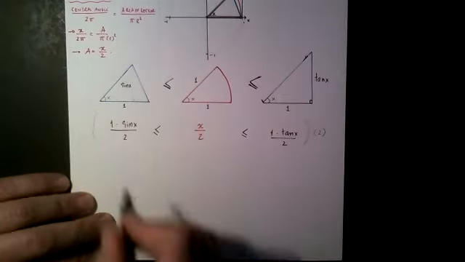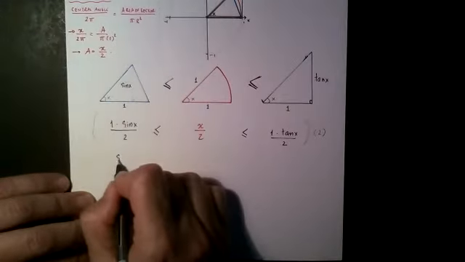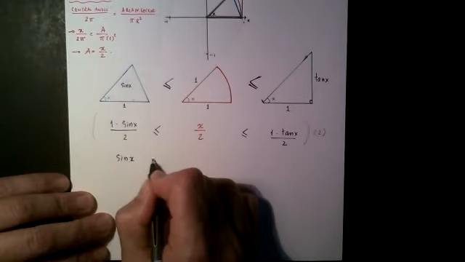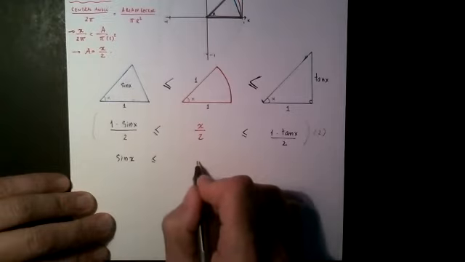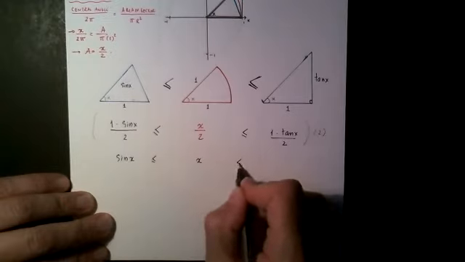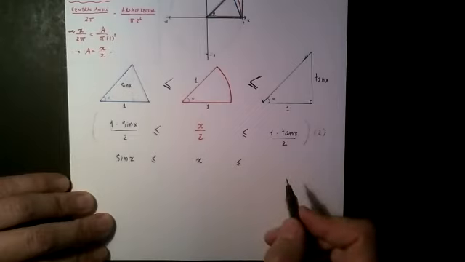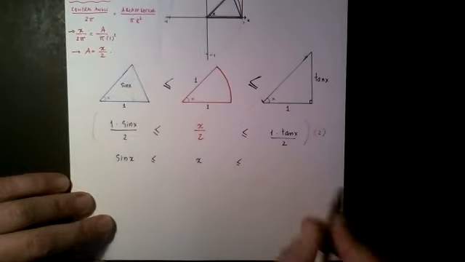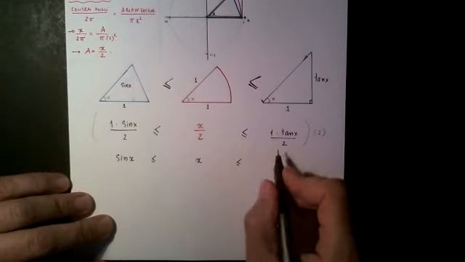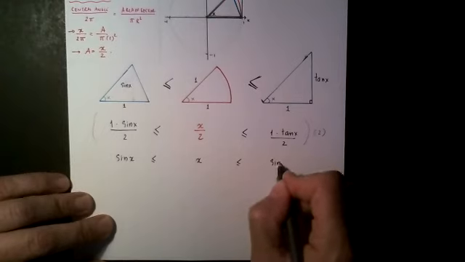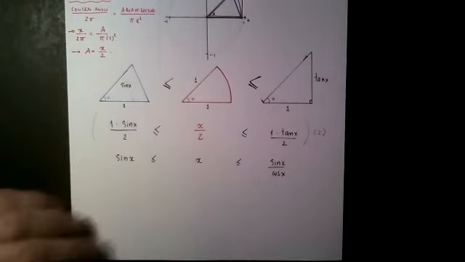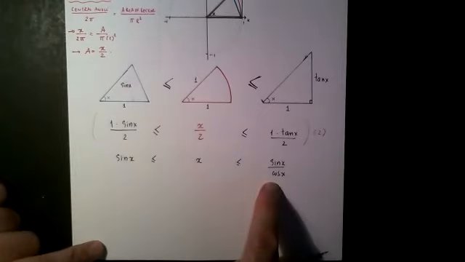And so I have here that sine of x is less than or equal to x, which is less than or equal to tangent. But what's tangent? We showed it a few minutes ago. Tangent is sine x over cos x, right? Because this is equal to tangent.